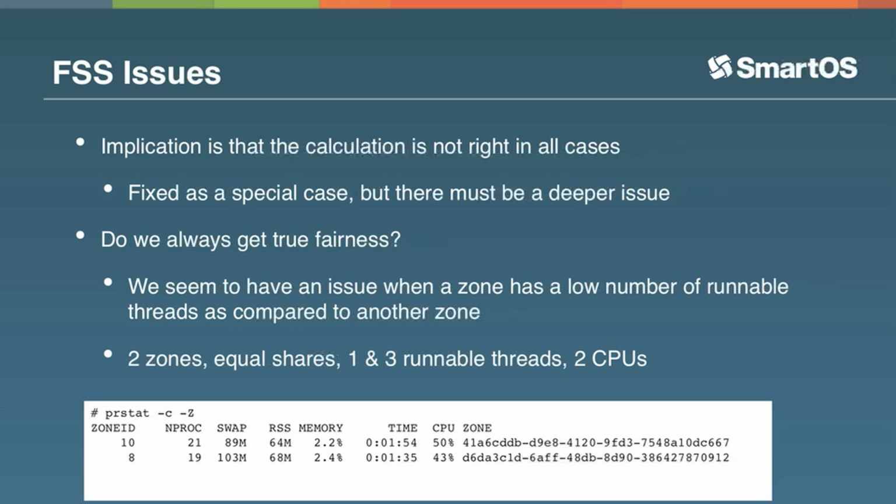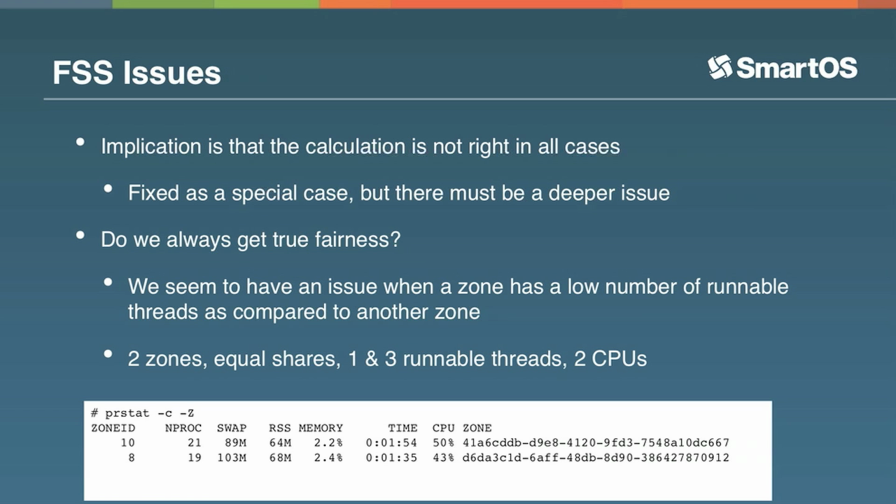We have seen this in other cases where, from our operations side, people are telling us that a zone isn't always getting as much CPU as I think it should get. I've tried to recreate that situation, where you have a zone which has a few runnable threads compared to another zone that has more.